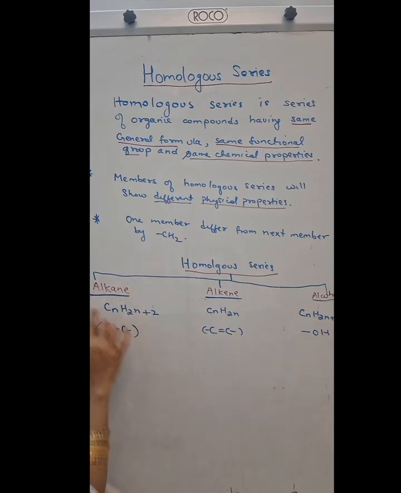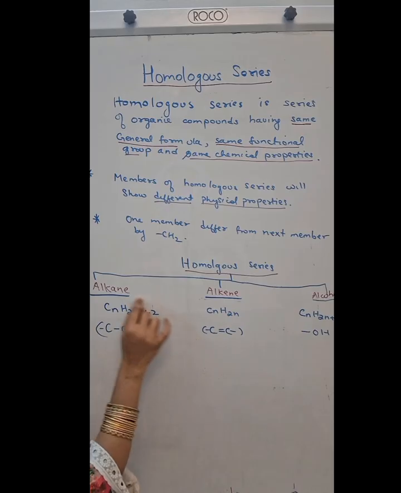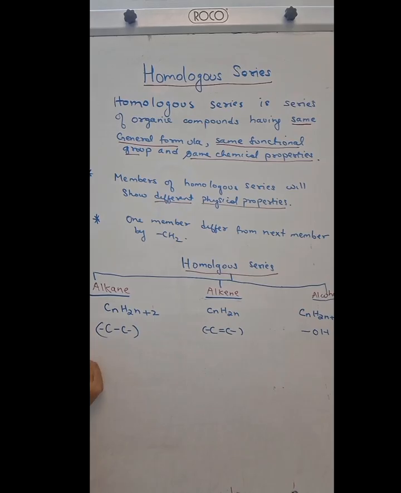Any hydrocarbon which has this general formula belongs to alkane. For example, one-carbon alkane is CH4: carbon is 1, hydrogen is 2 times 1 plus 2, that is 4.